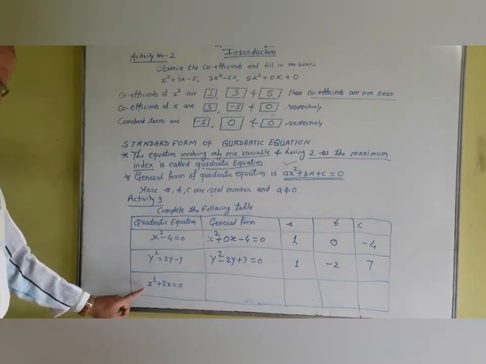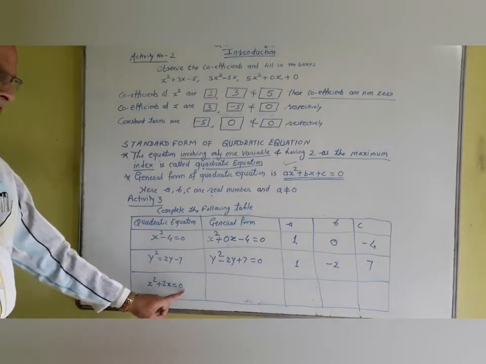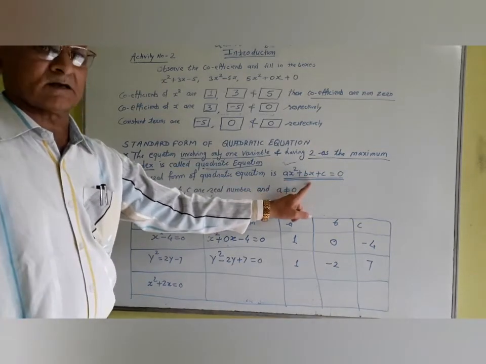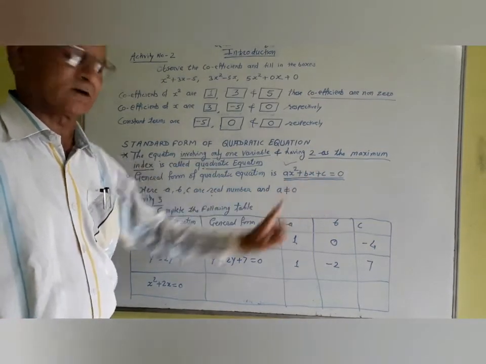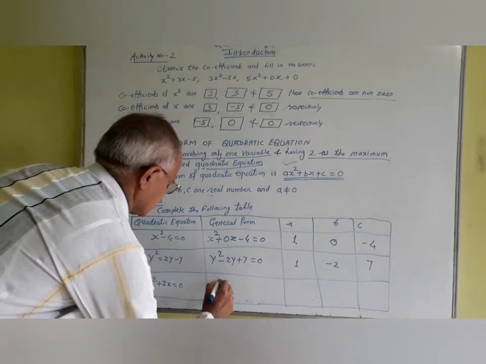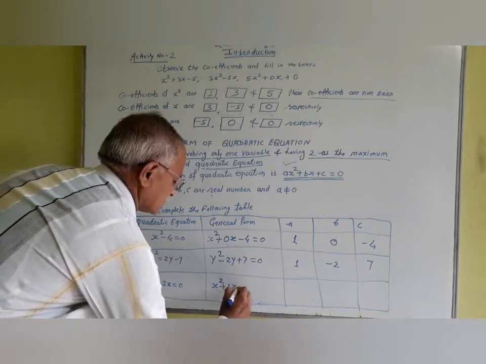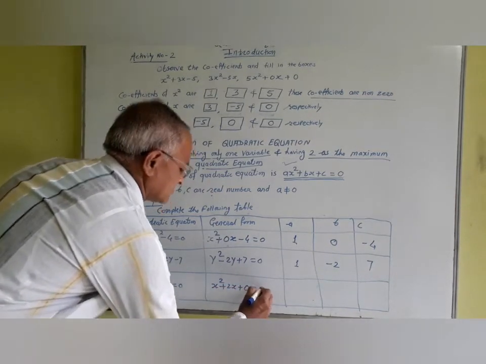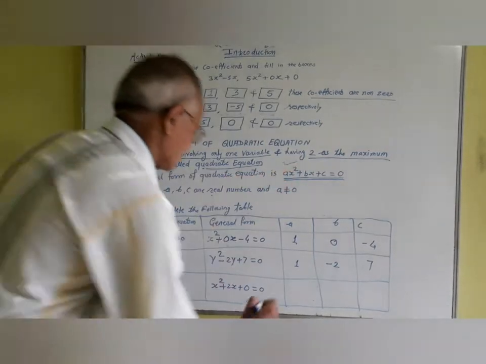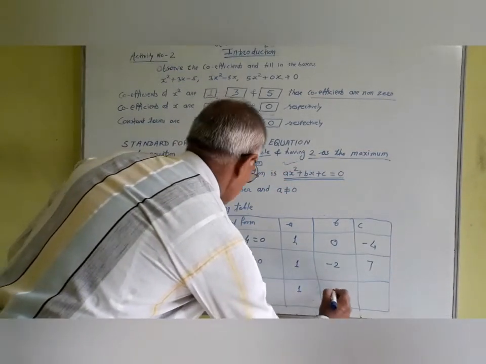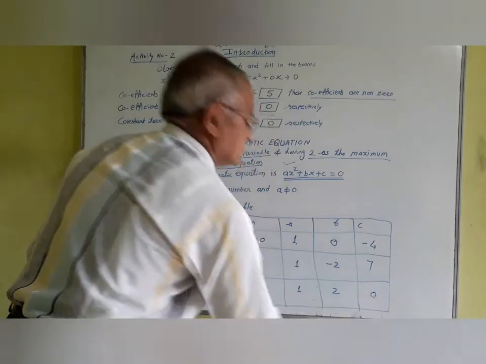In the third, x² + 2x = 0. The first and second terms are given, but the third term is not. Therefore, we write it as x² + 2x + 0 = 0. Now compare: a = 1, b = 2 and c = 0.